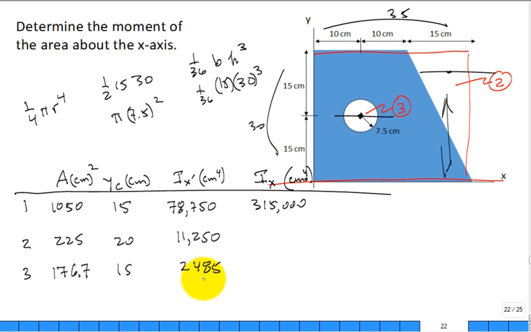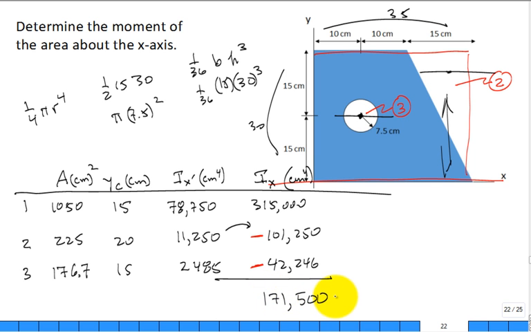You use the parallel axis theorem to shift it, and you pick up 101,250, as well as a parallel axis theorem of 42,246. At this point, you want to subtract those from the summation to get the total of 171,500 centimeters to the fourth is I sub x, the moment of inertia about the x-axis.